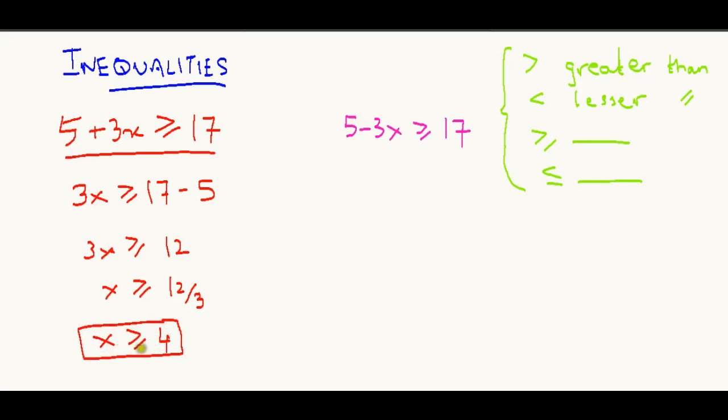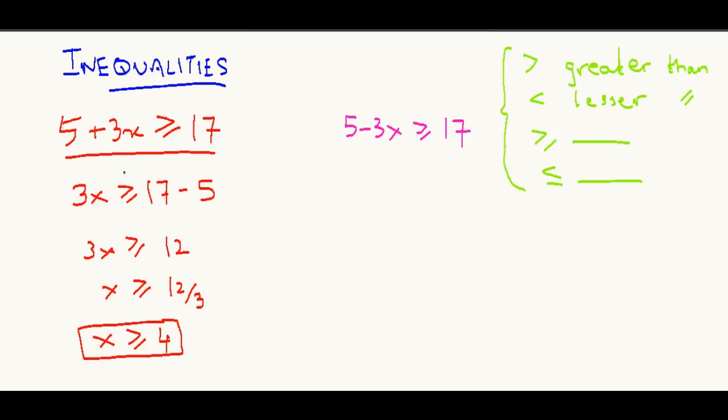Now let's put in these values. If x is equal to 4, let's say, 4 times 3 is 12, and 12 plus 5 is 17, exactly equal to the thing on the right hand side. So this inequality is satisfied with x equal to 4.